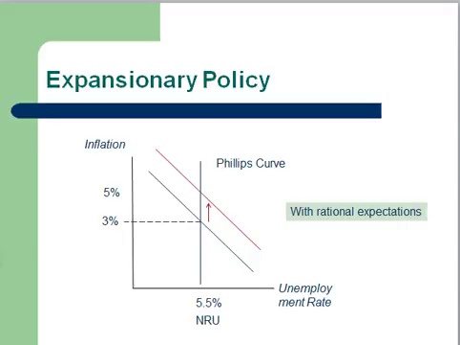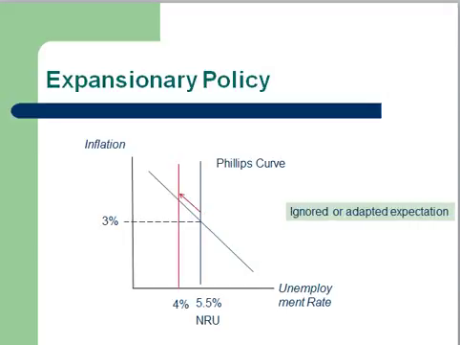If the policies occur without anticipation, or if the change in inflation is low enough and we're dealing with ignored or adaptive expectation, then that's going to affect movement up along the curve, and we'll see the unemployment rate being impacted.